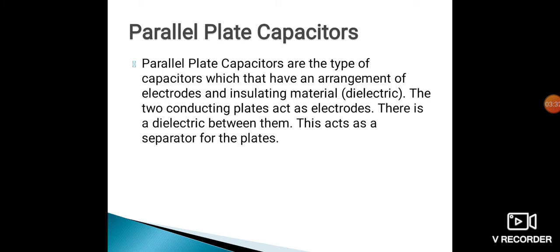This acts as a separator for the plates. So the parallel plate capacitor is formed using two different plates arranged parallel to each other, and these two plates are separated using insulating material, which is also called a dielectric material.